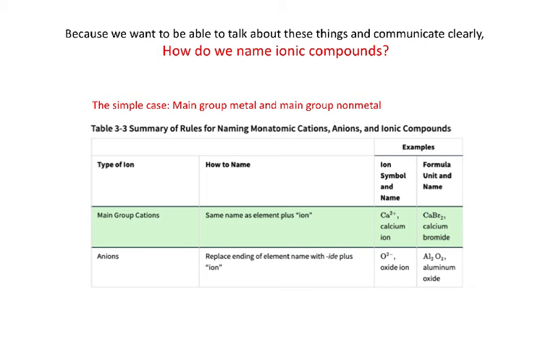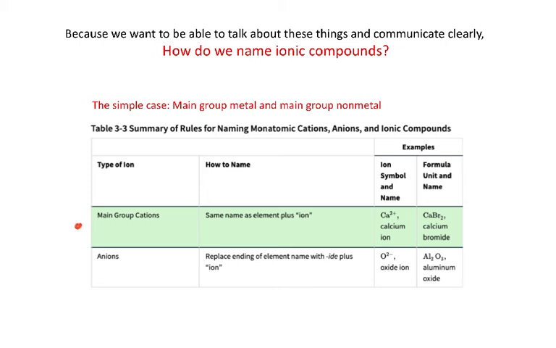Let's say you have a main group metal and a main group nonmetal, basically what we've done so far. A main group cation just takes the same name as the element, but you say ion at the end, right? So calcium becomes calcium ion. Sodium becomes sodium ion.